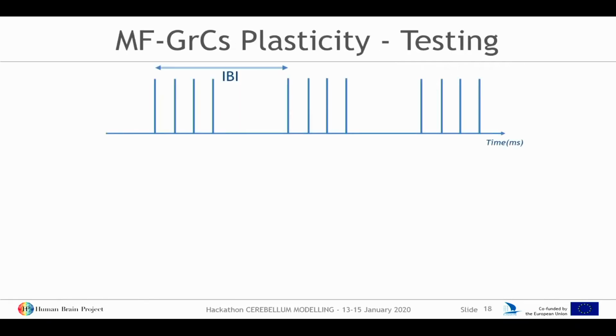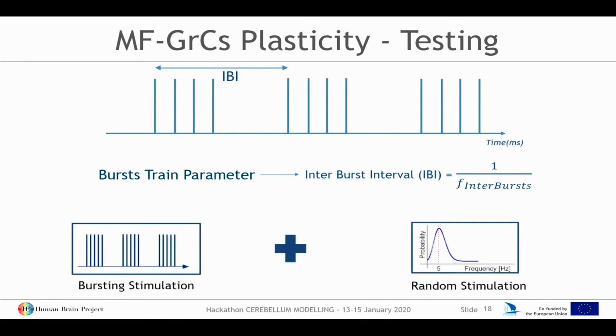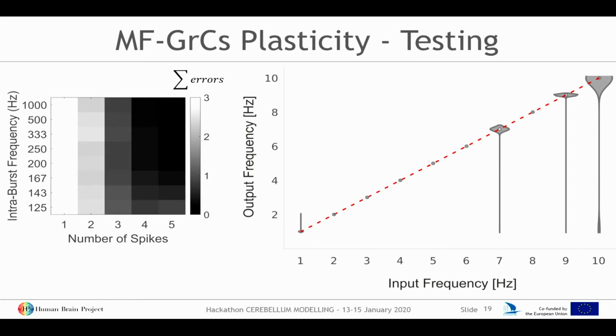So this is how we tested the plasticity, and we wanted to see if adding an error, a random stimulation, or having a variability of the oscillation frequency, how robust the algorithm was.